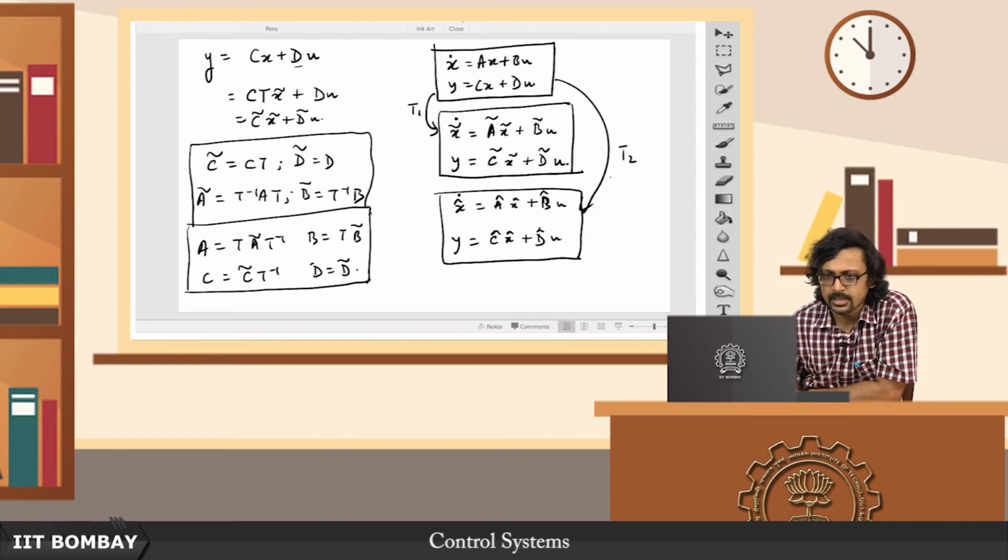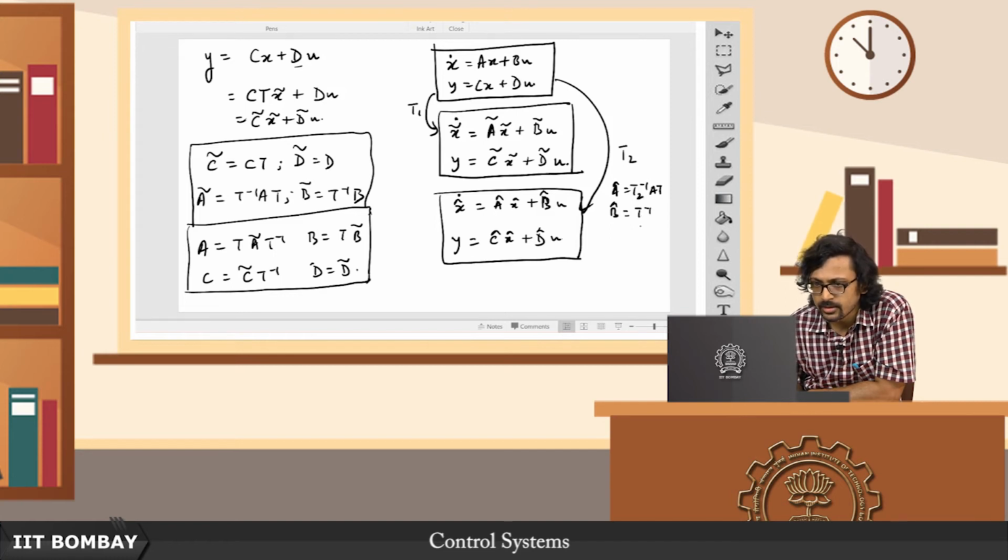In other words, A hat is equal to T2 inverse A T2, B hat is equal to T2 inverse B, C hat is equal to C T2, and D hat is equal to D.